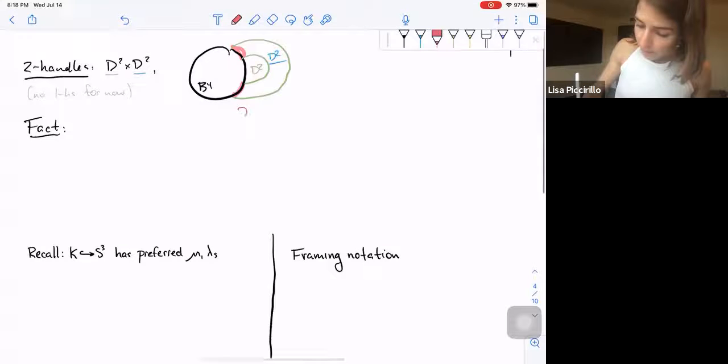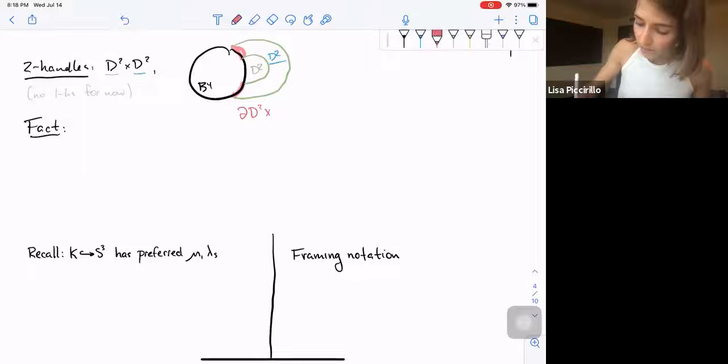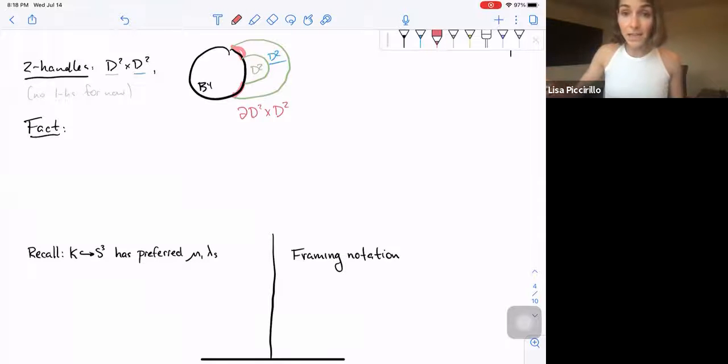Well, it's going to be the boundary of the important factor. So the boundary of a D2 cross an S1. So in other words, S1 times, oops, sorry, that shouldn't be S1, that should be D2. It's the boundary of the important factor cross the thickening. Great. So the attaching region in this case is an S1 times D2.